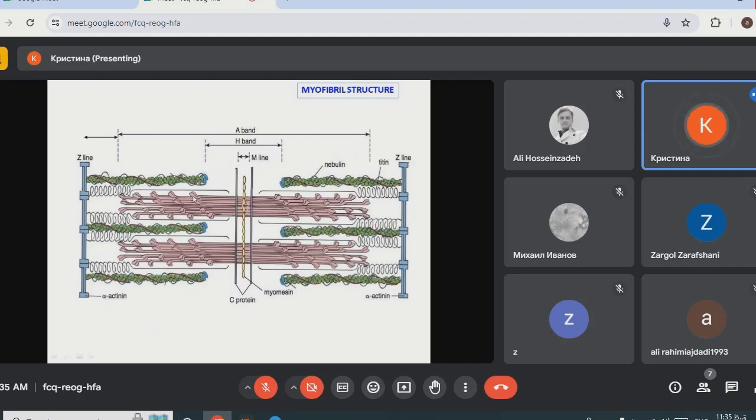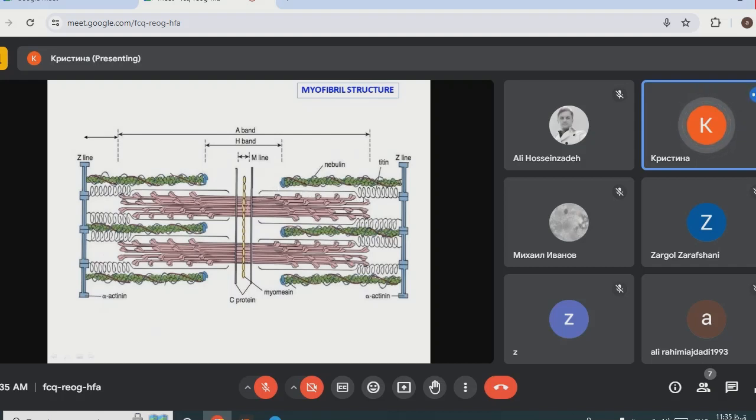And also, as you can see here, myofilaments are attached to the Z line with the help of a very large protein, titin. Titin stands for titan, some very giant person, because it's a very giant, very large protein.